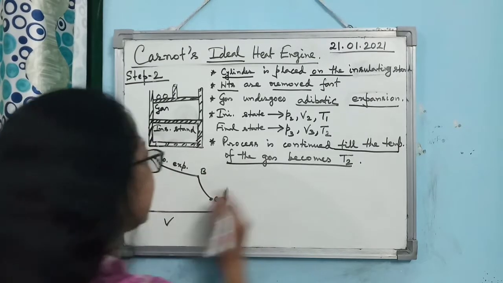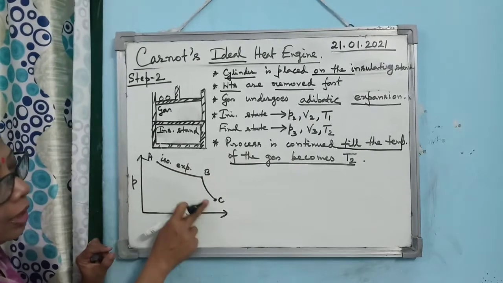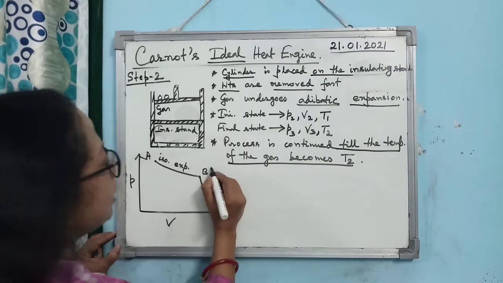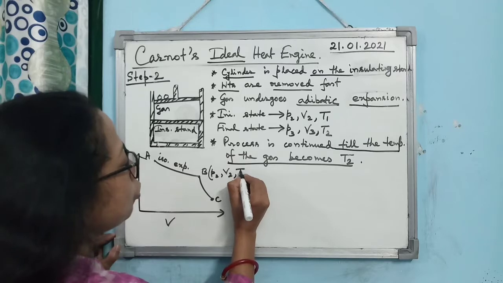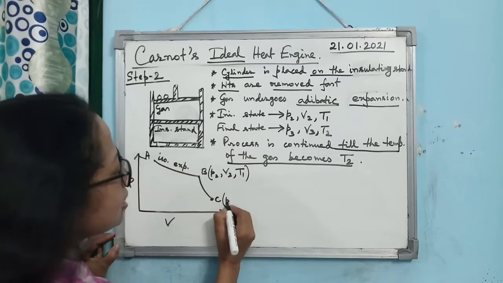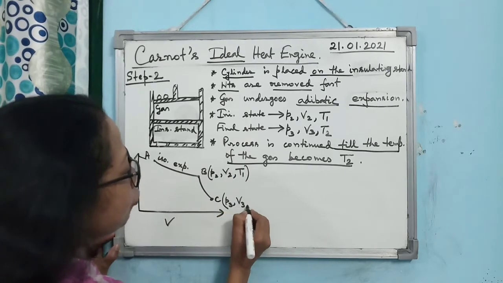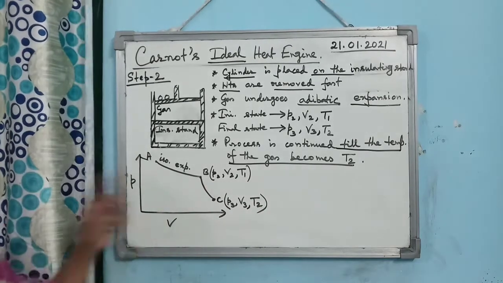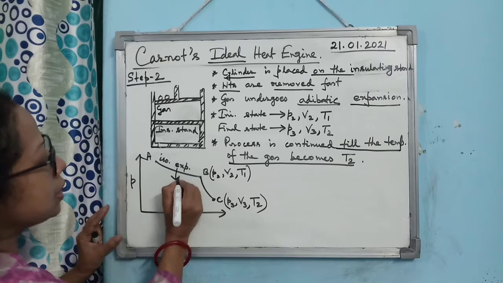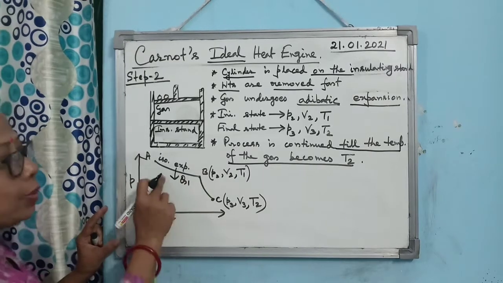You know adiabatics are steeper, so you see the graph is steeper. If you write down the pressure, volume and temperature, this is P2, V2, T1 and this is P3, V3, T2. Temperature has become T2. Now in this case, during the first process, heat is absorbed within the system.